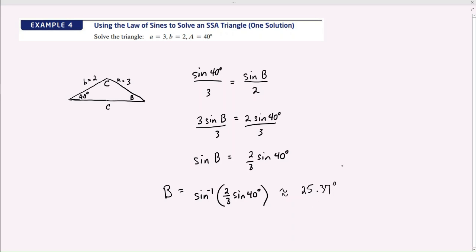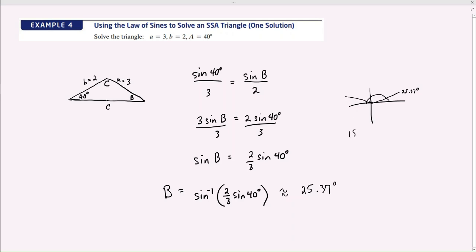Okay, there's also another situation though, because remember that the sum of the angles in a triangle is 180 degrees, and if we look at where we'll have a sine, which is the y-coordinate, it's positive both places within 180 degrees, at 25.37, and then at that same location that's 25.37 degrees above the 180.